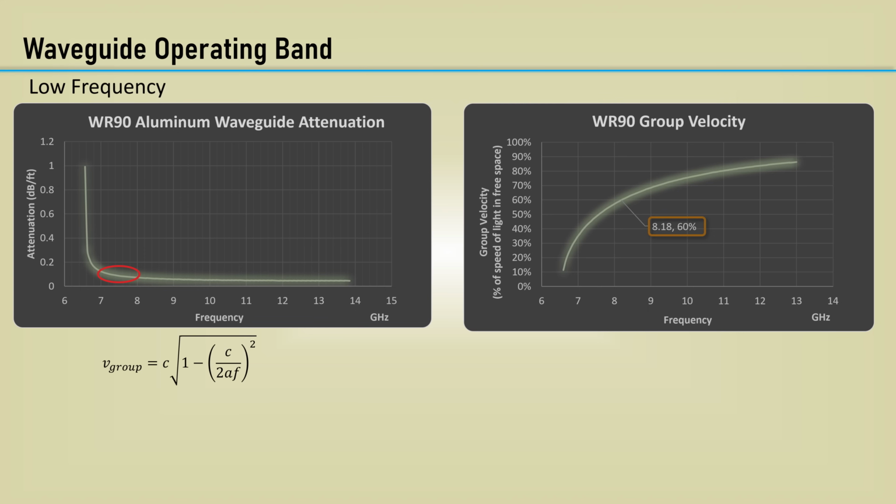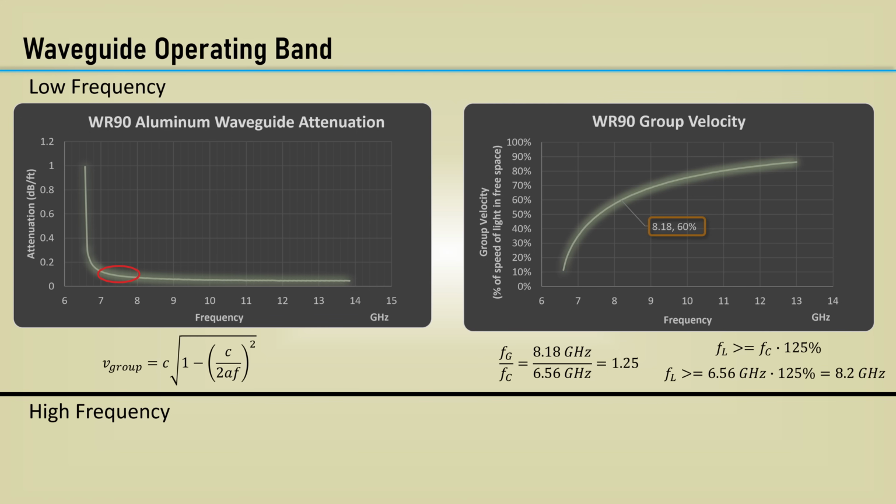In this plot for the WR90, it comes out to 8.18 gigahertz. If you ratio that to the WR90 cutoff frequency, you get 1.25. So to establish the minimum operating frequency, simply multiply the cutoff frequency by 125%, which yields 8.2 gigahertz.